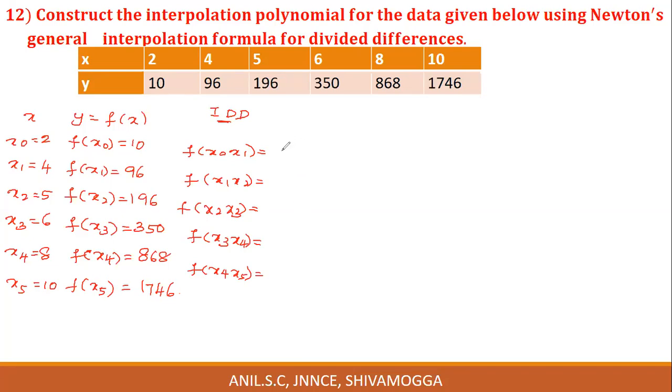They are 43, 100, 154, 259, and last 439. First order divided differences. We compare the values with those we obtained. If they are correct, we can find second order divided differences.